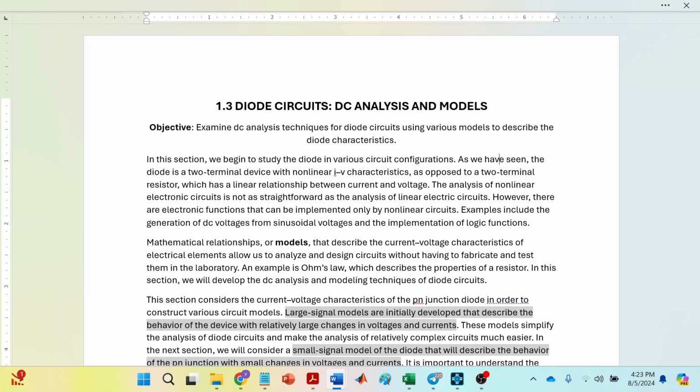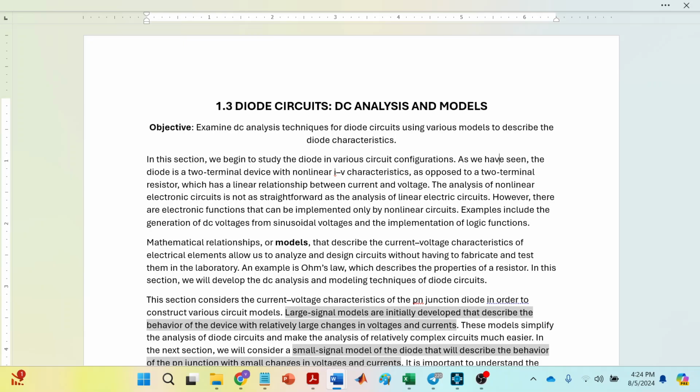However, nonlinear electronic circuits are very important in semiconductor electronics, and they can be used for various purposes. And one is the conversion of AC voltage to DC voltage, and also the implementation of logic function.